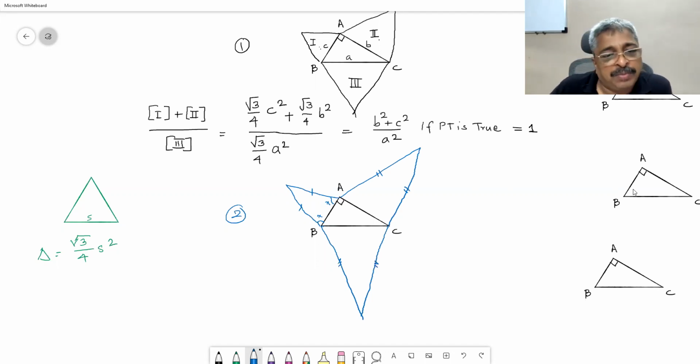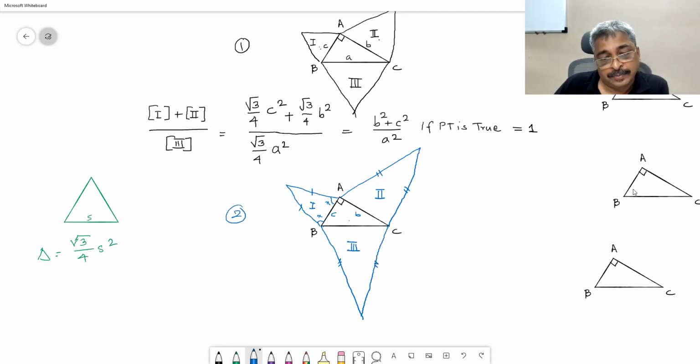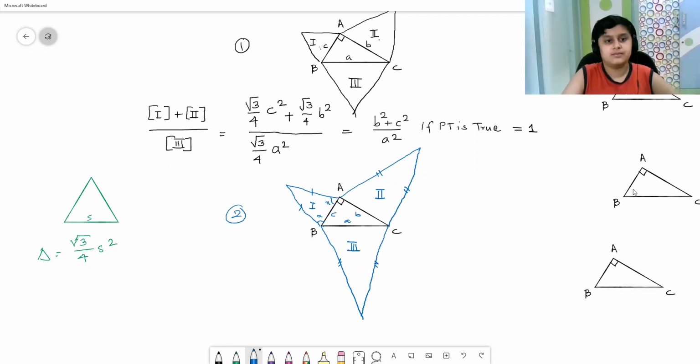Now we really do not know the formula for finding the area of these isosceles triangles, but one thing we know for sure is that if two figures are similar, then their area ratio is the square of their side ratio. We know that. Do you know that? Yes, sir.